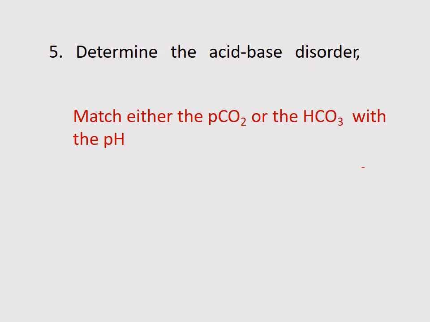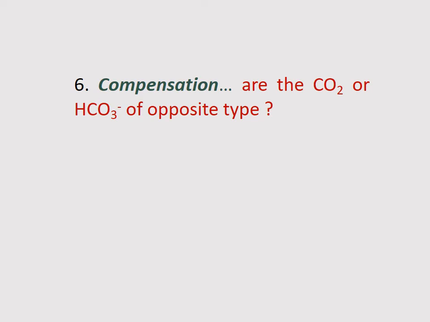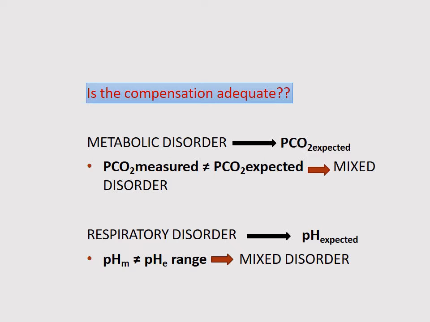So how do you determine which acid-base disorder it is? It's easy. You have to look at the pH, then compare the pH with the PCO2 and the bicarbs, and see which one is causing the pH change and which one is compensating. Once you have determined which one is compensating, you have to see whether the compensation is adequate or not.